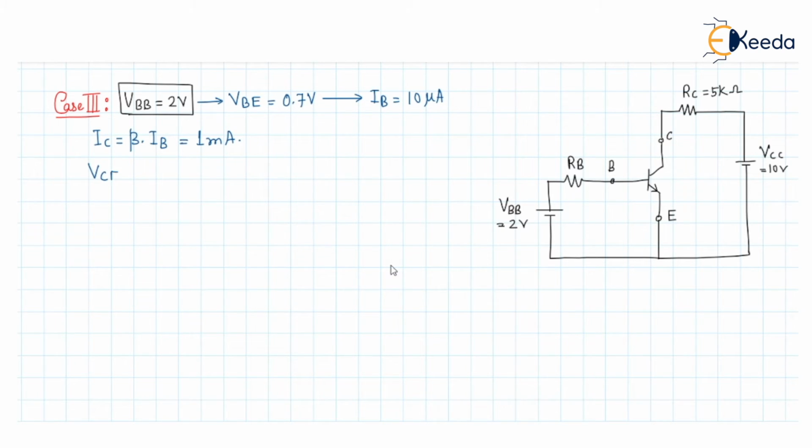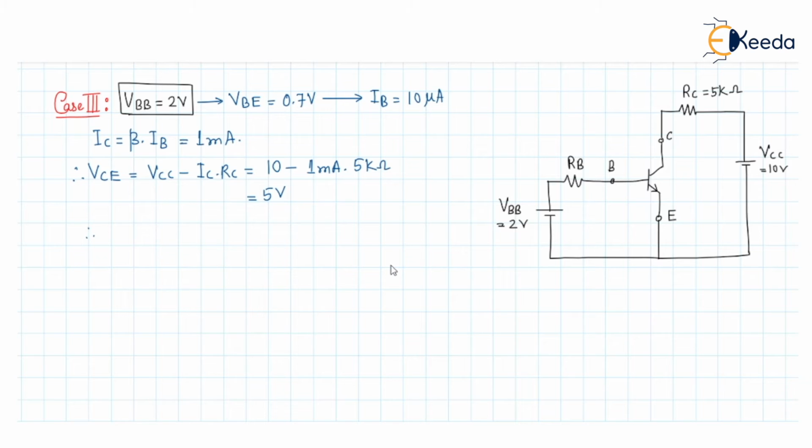From this equation, we can also find the value of VCE, and VCE will be VCC minus IC into RC. VCC value is 10 volt, IC value is 1 milliampere, and RC value is 5 kilo ohm. So we will get that VCE value will be 5 volt. Previously it was 8.9 volt, so it has been decreased to 5 due to the application of 2 volt at VBB.